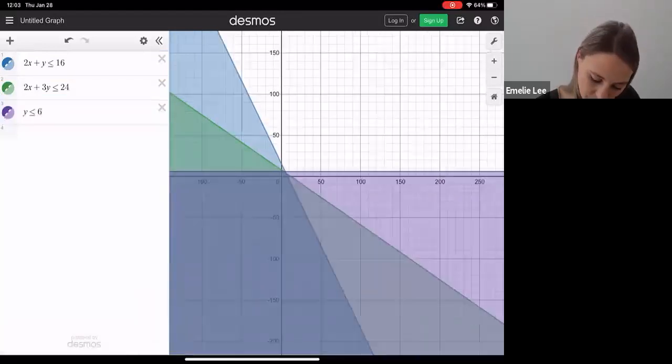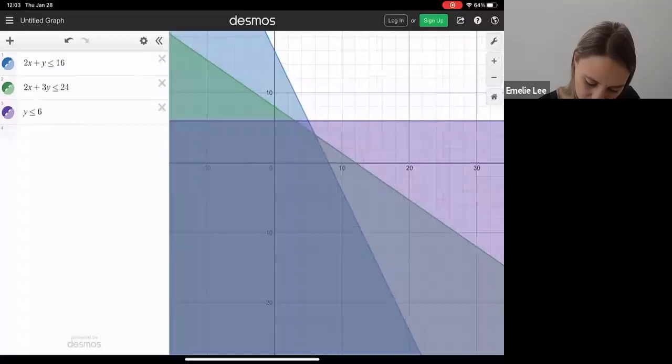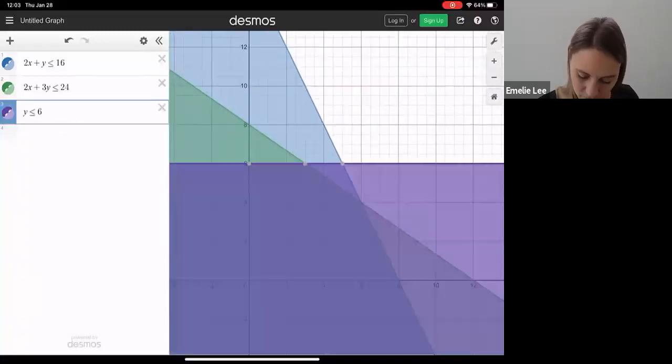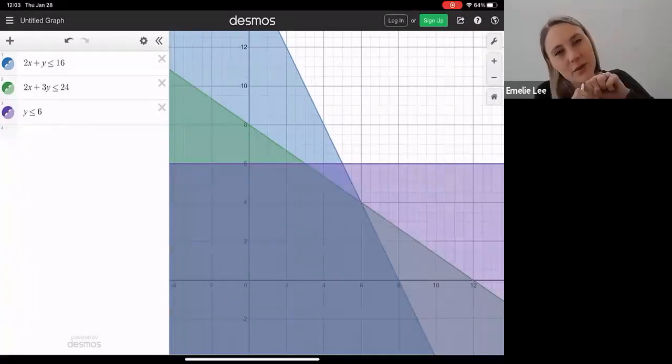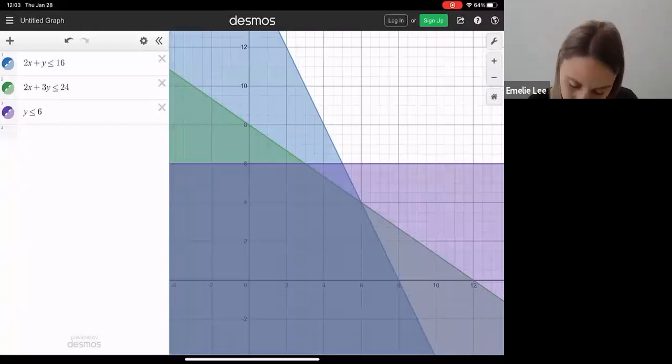Okay. So if I zoom in on this area here, quite dark, but notice that we're going to have 1, 2, 3, 4, 5 intersections now, right?